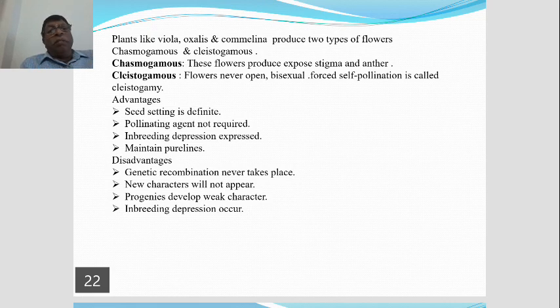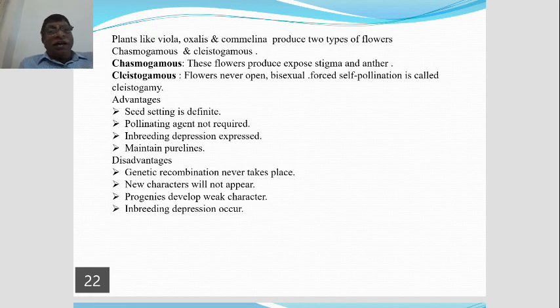But many disadvantages are also there. Genetic recombination never occurs in self-pollination. Genes never combine in self-pollination.